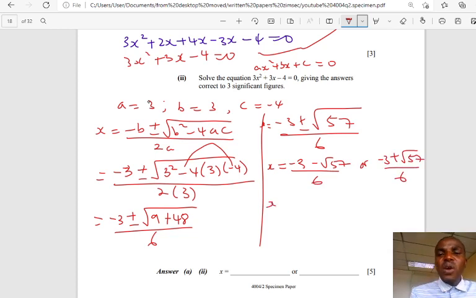When punching in your calculator, please put this in brackets if you want to punch. Or the best thing actually is just punch the numerator, you say minus 3, then minus root of 57, then you say divided by 6.